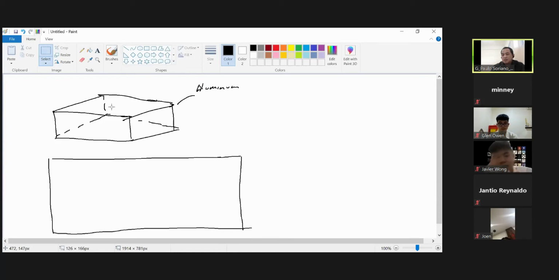This is where your knowledge in geometry comes in. How do you make this product? At least you need a rectangular piece, right?